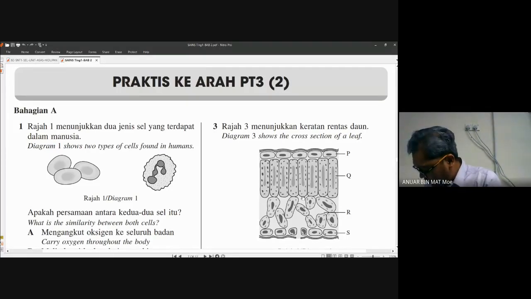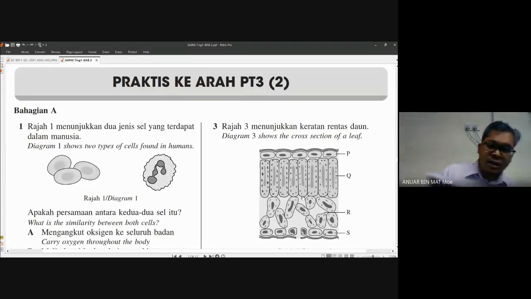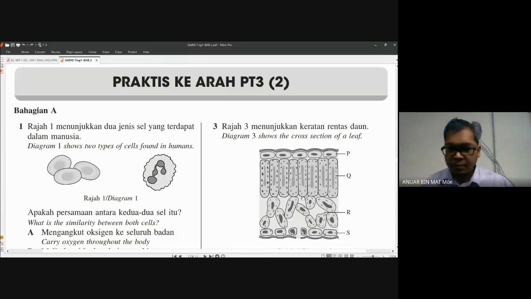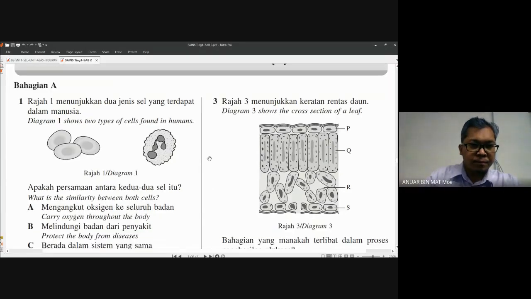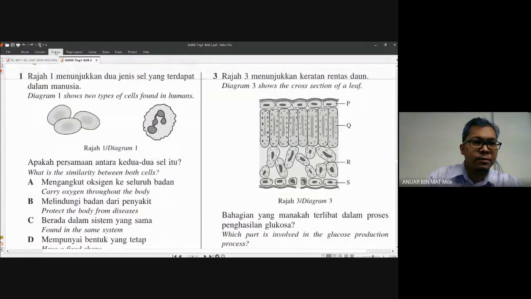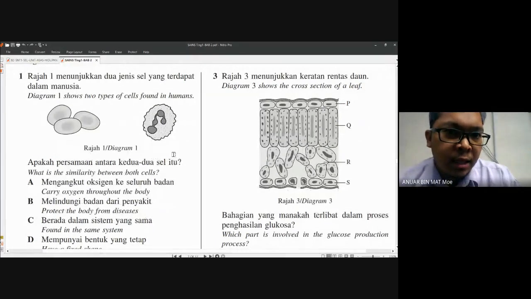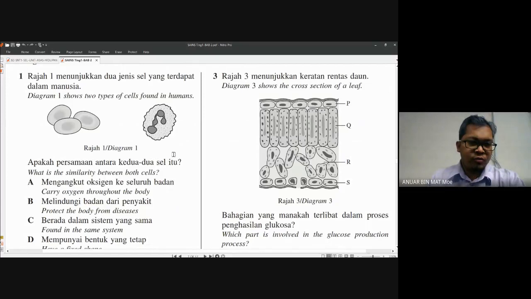Page 21, right? Page 21. All right. Like usual, according to question number 1, it already gives you the information, the hint, or what we call the statement or the information in the form of a diagram or picture to give you the idea of what it's going to ask later on.